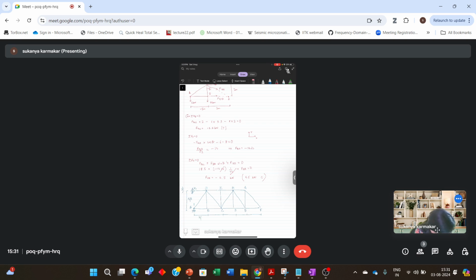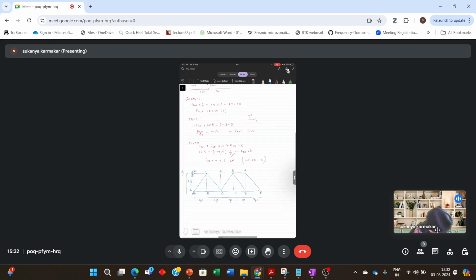This is 3 feet each. 3 feet, 3 feet, 3 feet, 3 feet, and 3 feet. And you have point loads acting at this point, this, this, and this. And the value of the load is 1500.